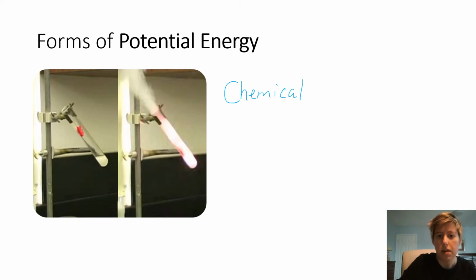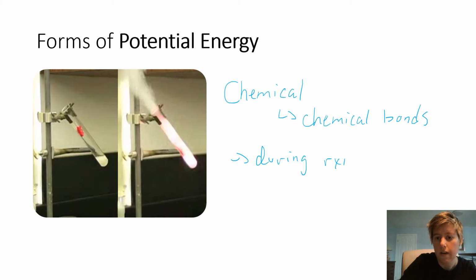So when we're talking about chemical energy, we're talking about energy that is stored within chemical bonds. And what happens is that when you have a chemical reaction, during a reaction, this energy gets released.